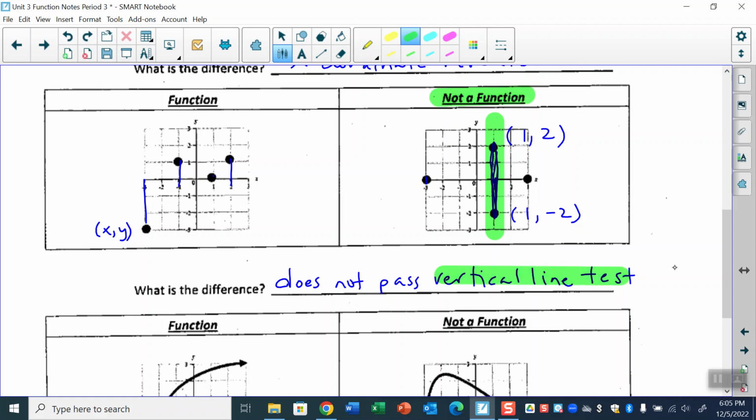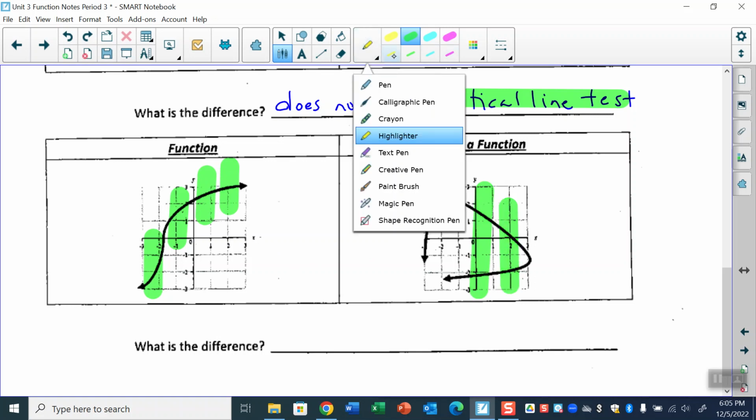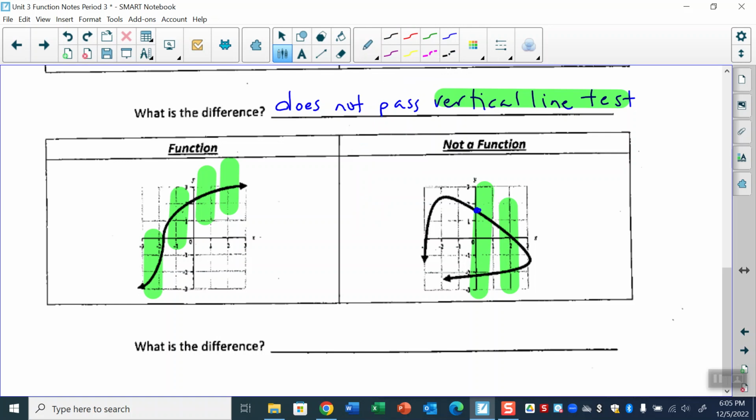All right, the vertical line test. So here, again, here's a function. All right, I can draw vertical lines and it only crosses one time. But here, if I draw a vertical line, it crosses 2 times. Okay, it crosses here and here. All right, it crosses here and here. All right, so does not pass the vertical line test.